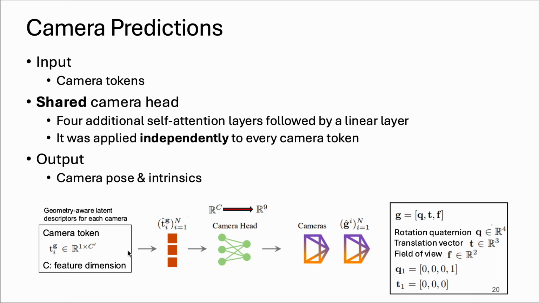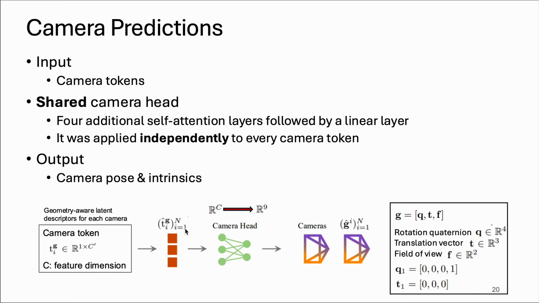The tokens coming out from the AA module have the same shape as the input. C is the feature dimension, but now after the frame-wise and global-wise alternating attention layers, these tokens contain geometry-aware latent descriptors.